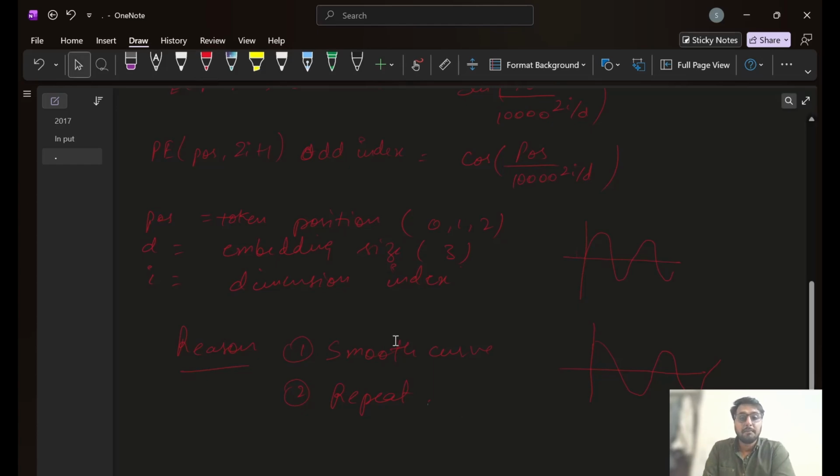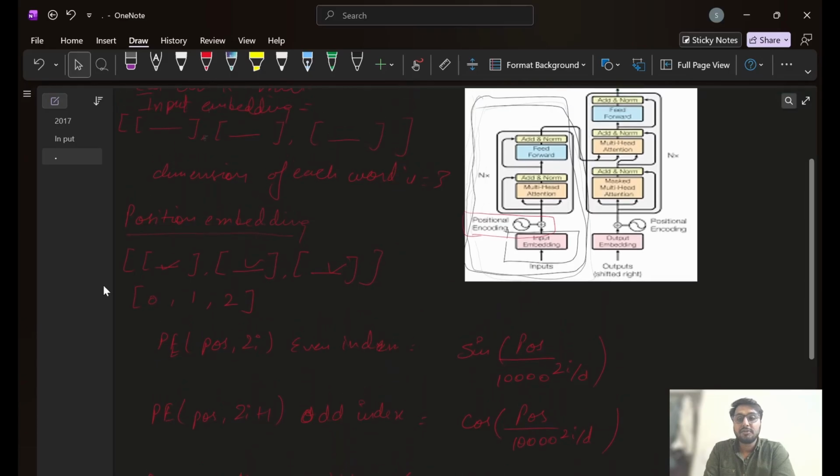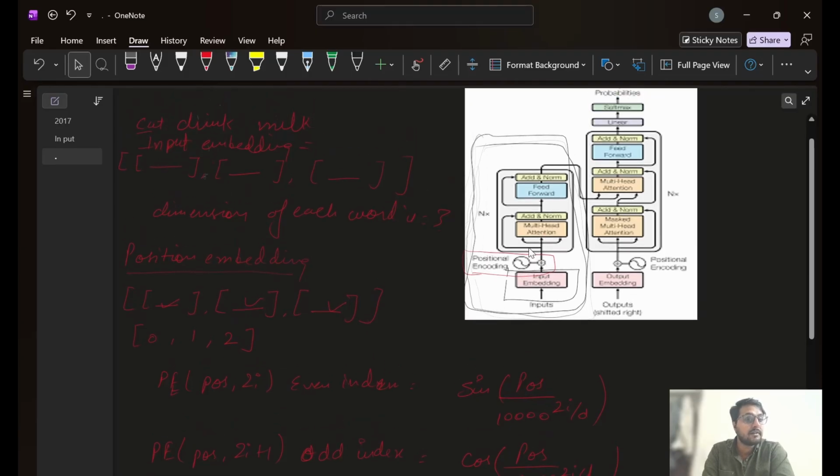By adding the positional vector to our input embeddings, we are giving information about the position of the words to our model. Okay, so now let's move ahead.